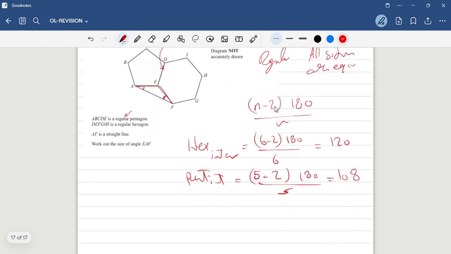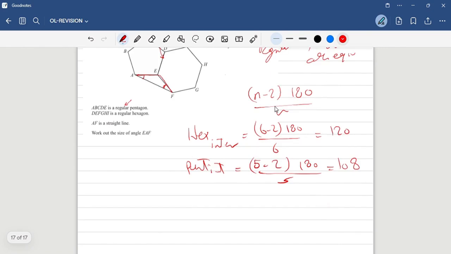So now with this idea, let's assume that this is AD and this is the other side, and I already figured out that this is for the hexagon, this is for the pentagon, and this is for the triangle, right? So the hexagon angle is 120, this angle is 108. What about the third angle?